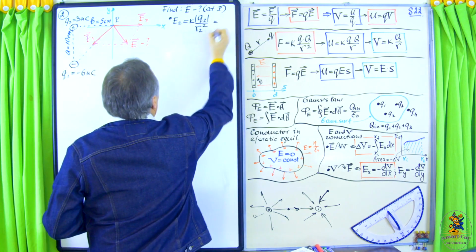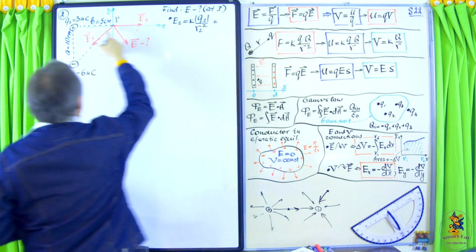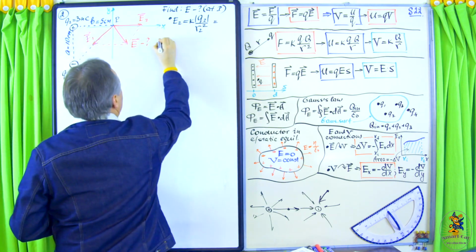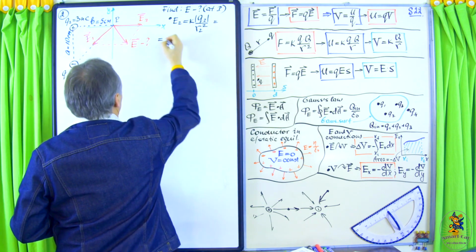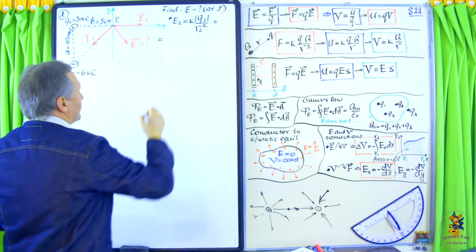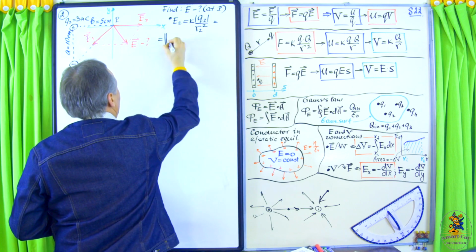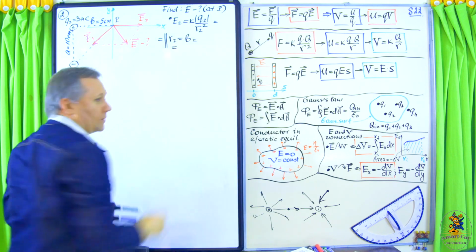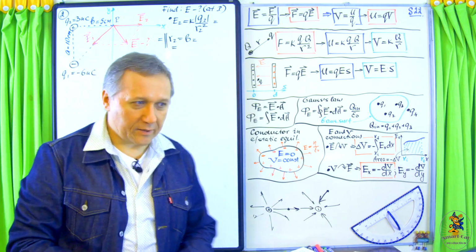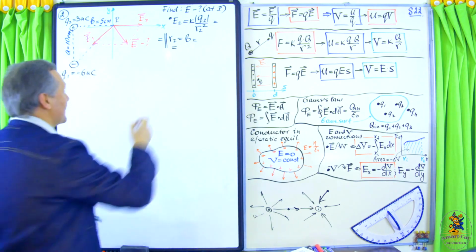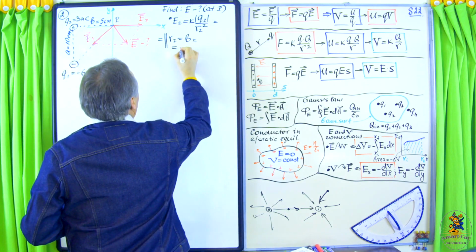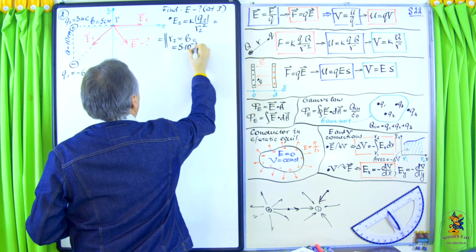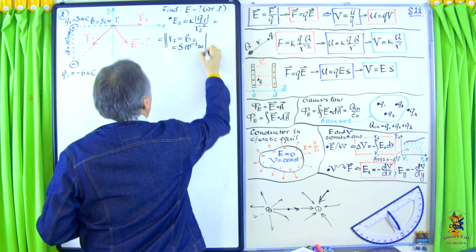So R2, of course, is just B. You know what? I don't want to plug in numbers, because you can do it by yourself, and you can do that much faster than I do. So B, of course, must be in meters: 5 times 10 to the power of minus 2 meters.